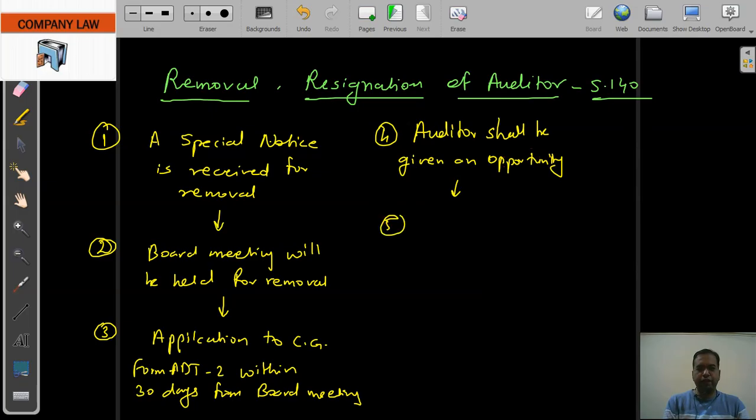Step number 5: after approval of the CG, a special resolution.